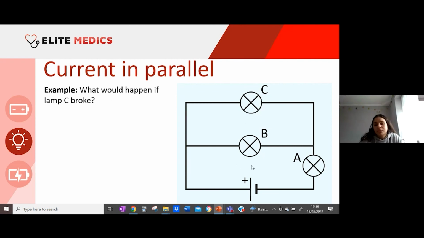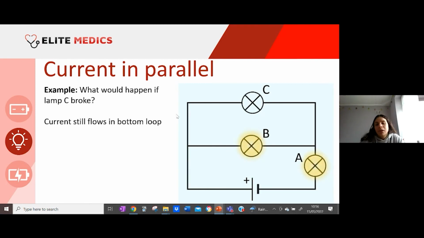What would happen to A? So if C broke, B and A would still be able to work. Current could still flow through this. So it's like what I showed you guys earlier. If you can draw a line through your circuit without lifting your finger up and there's no breaks in the circuit, that will still work.